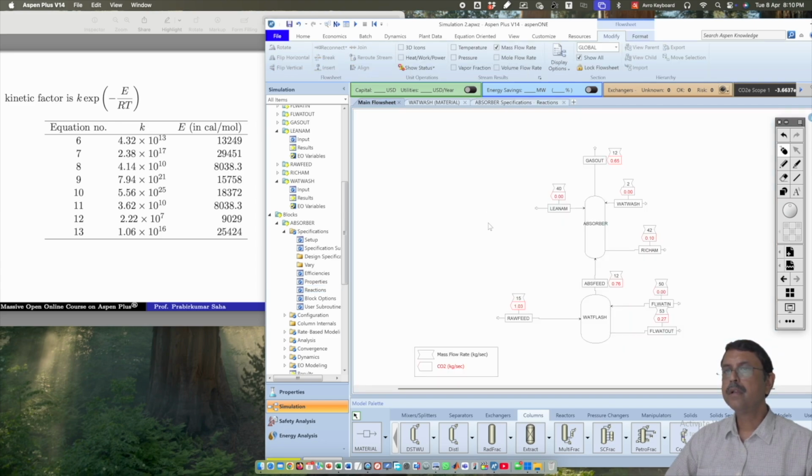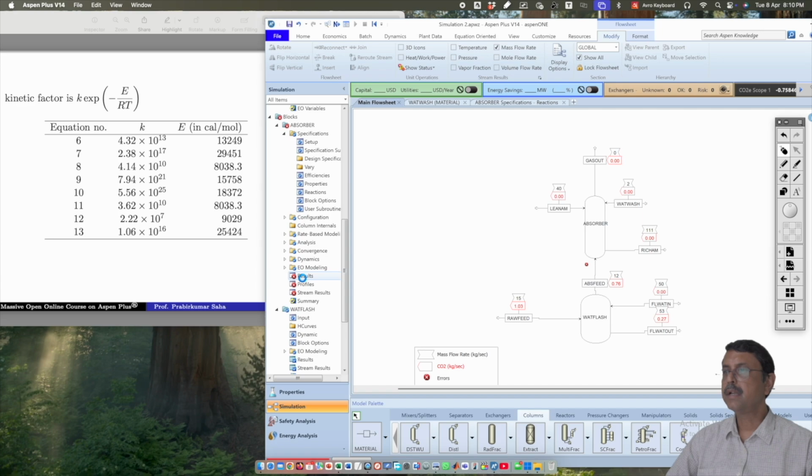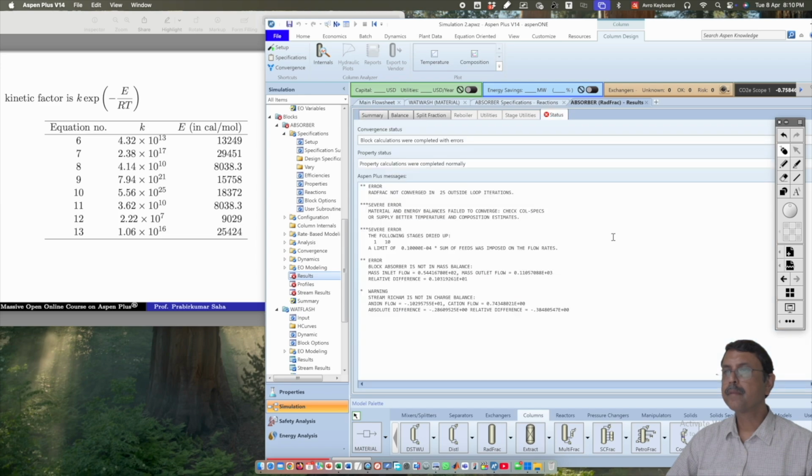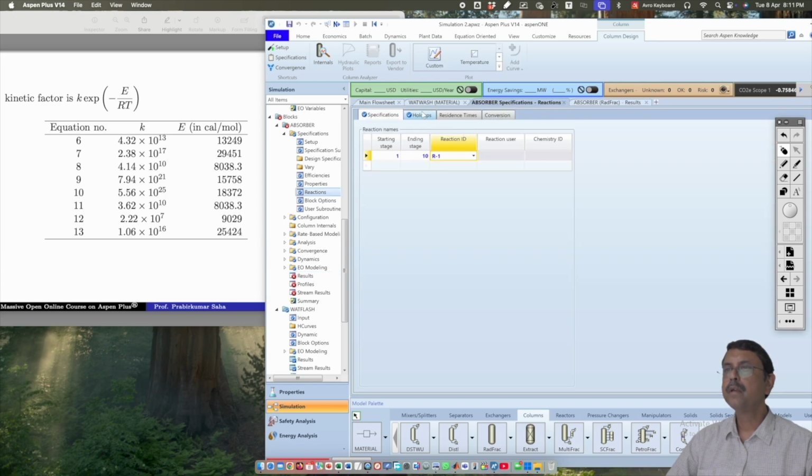And now we can run the string. Okay, so there will be some problem over here. Let us see what is the problem. Let us put 0.01 then.